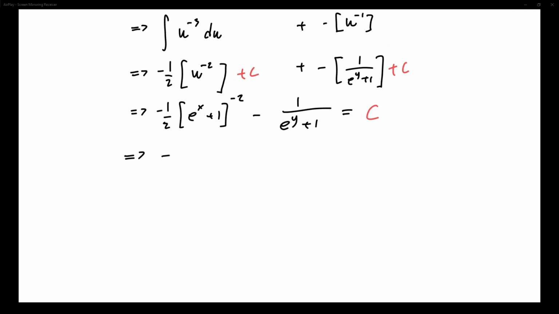And we can just rewrite it as 1 half. Well, let me keep this property. So 1 over 2 times e to the x plus 1 squared minus 1 over e to the y plus 1 equals c.